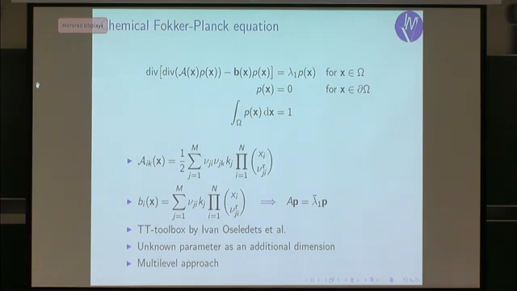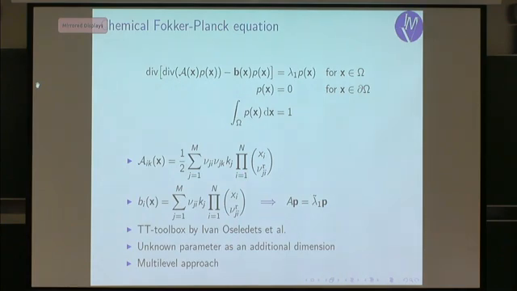Right, we can do even more. You may notice that these equations depend on the rate constants of our chemical reactions, and these rate constants are in reality often unknown. This is the big problem, to estimate the values of these coefficients. So what I can do with this tensor format is that I can basically solve within like one solve the equation for virtually all possible values of that coefficient.